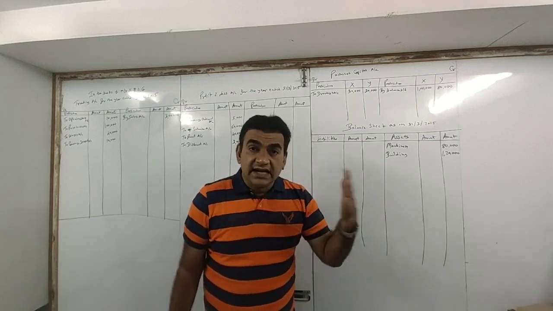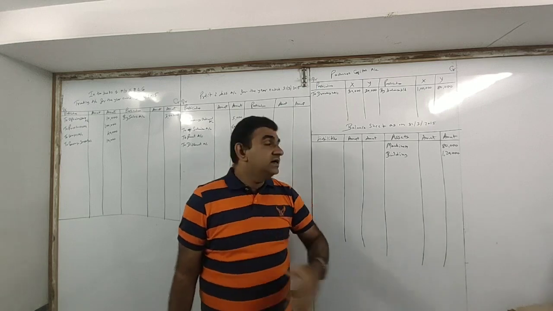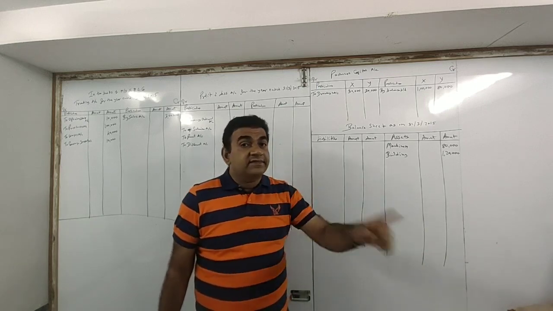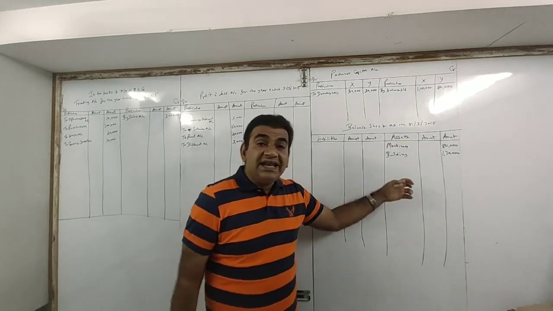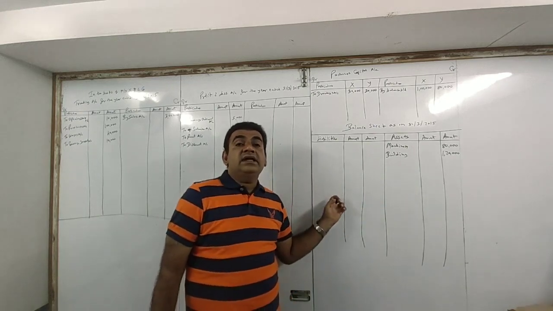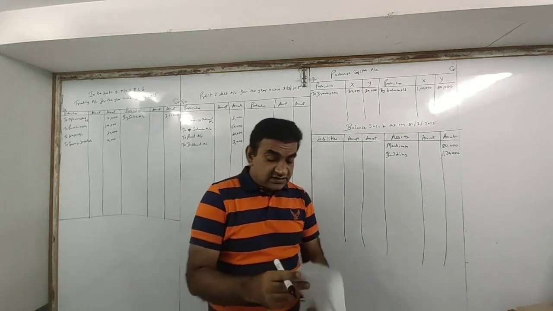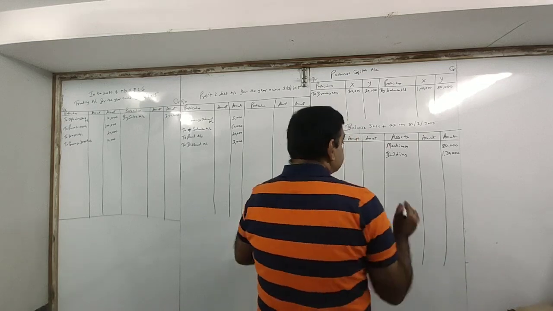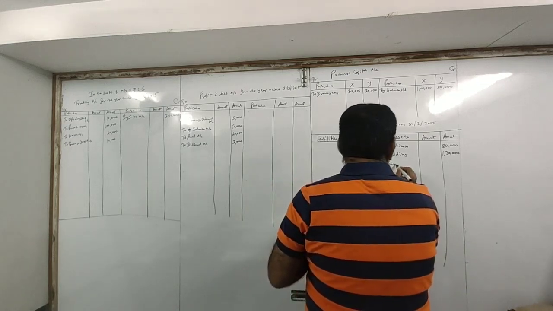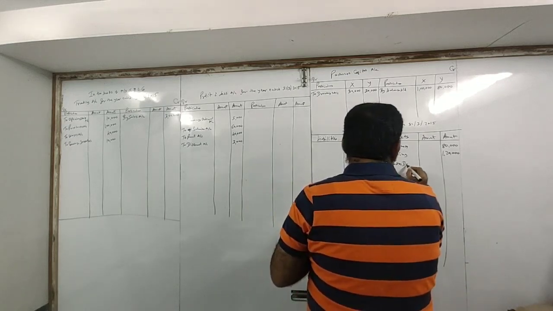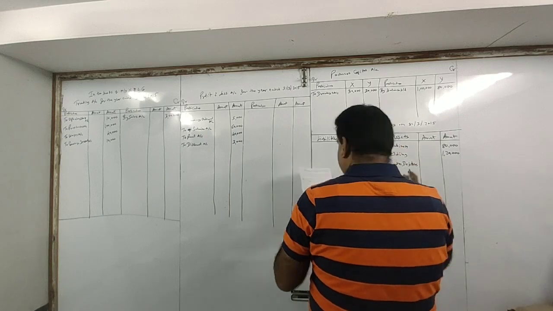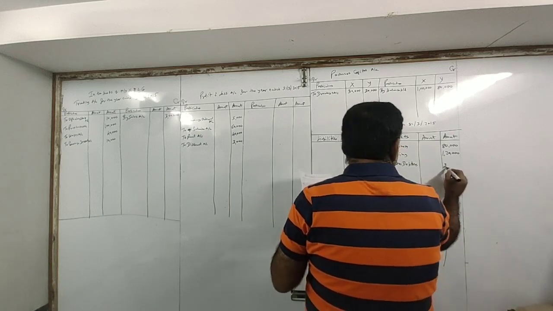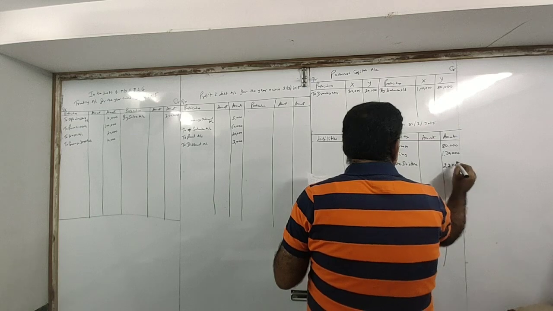For me, it is collectible or receivable. Therefore, it is an asset. Remember: receivable, asset; payable, liability. So debtors is an asset. Come to the asset side, below building, right there. Sundry debtors, that is 22,000.